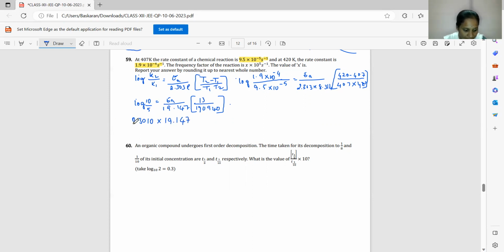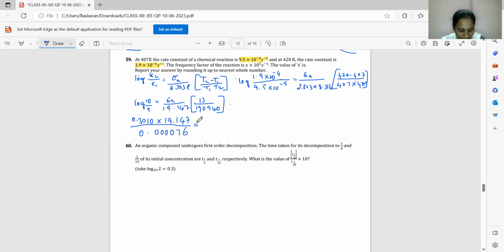Okay, divided by, basically this value you will get it as 0.00076 approximately.